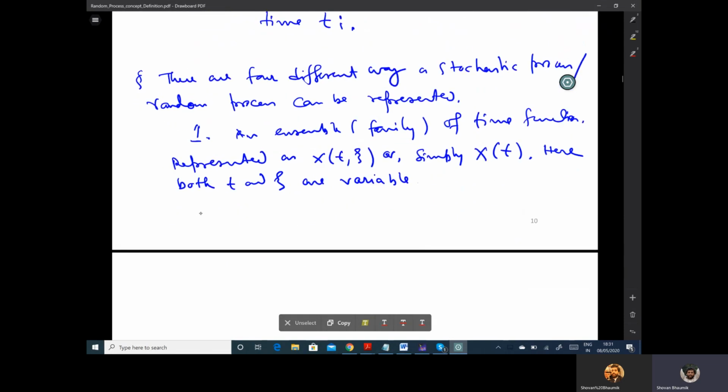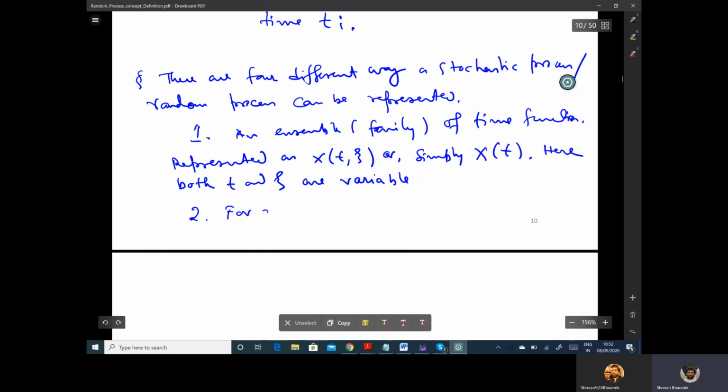Second, there is another way to represent it. For a particular fixed zeta, say zeta equals zeta i, when we realize the function, we call it the sample function or realization. Then it becomes a function of t, not a function of zeta.